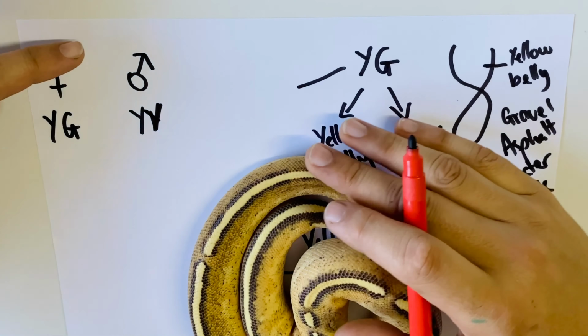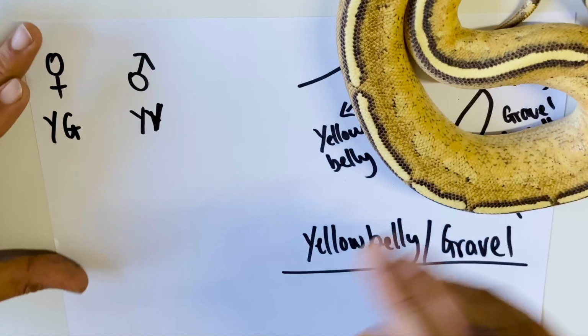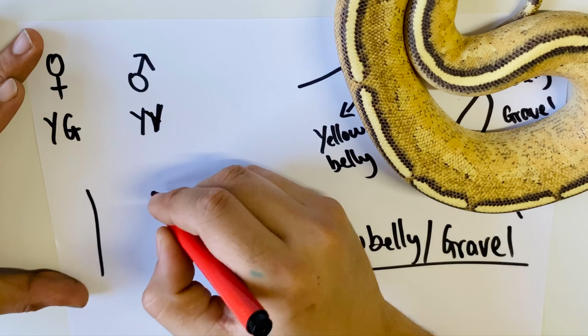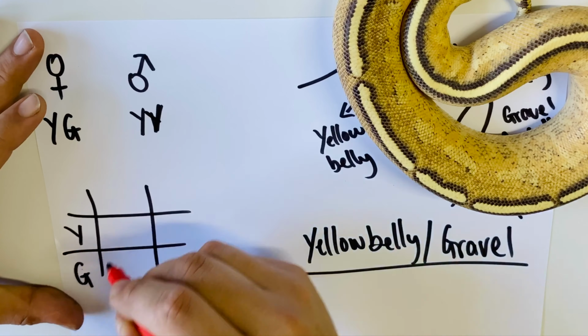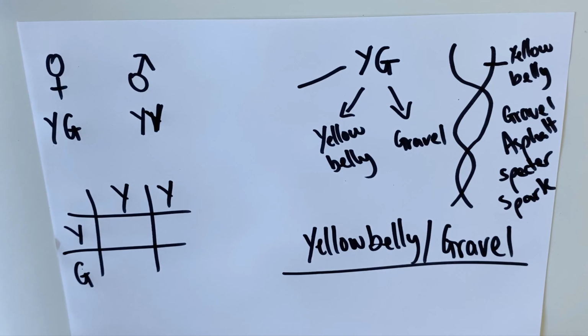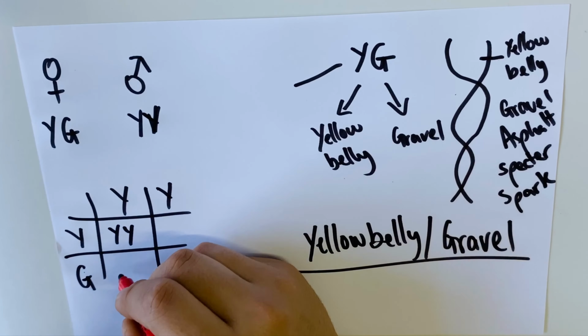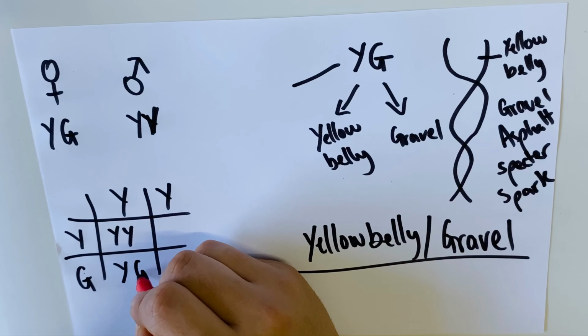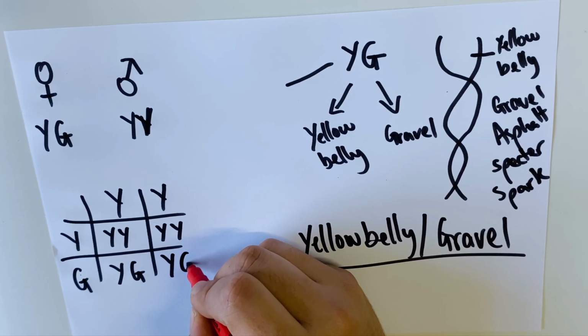If I was to breed these two animals together and we look at the Punnett square quick, so here's our quick Punnett square, Y, G, Y, Y, then if we calculate that, here we would have Y, Y, here we'd have Y, G, here we would have Y, Y, and here we would have Y, G.